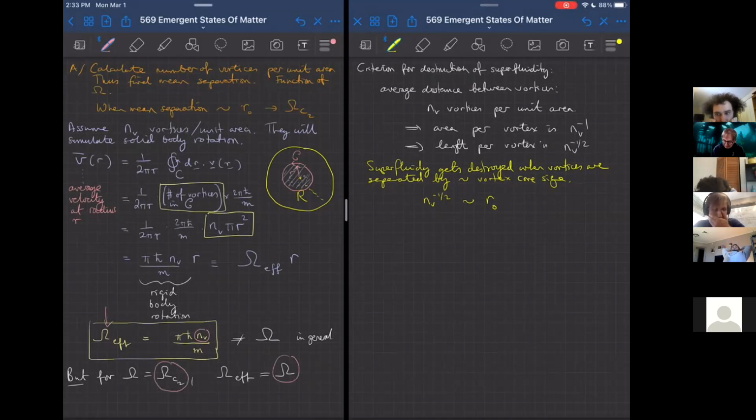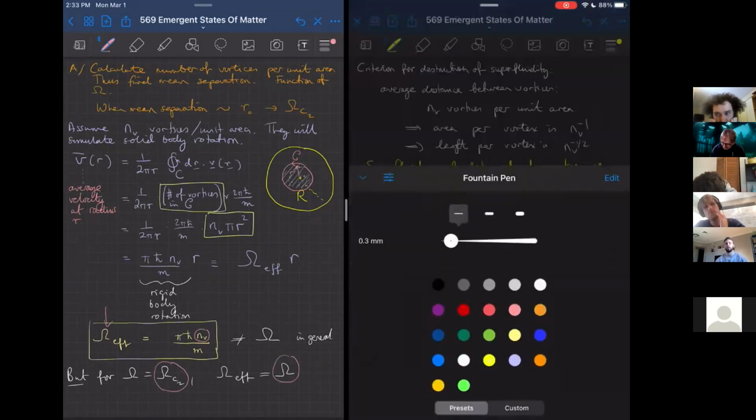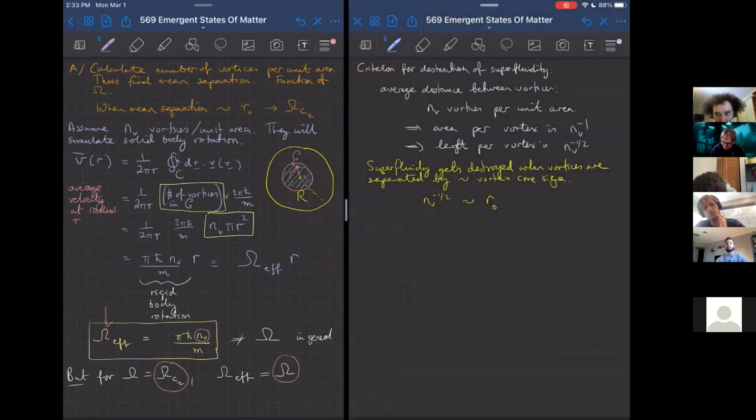So I can replace NV by a formula that involves the critical rotation rate. So let's just go ahead and do that. So what that says is then that pi h bar over m omega c2 to the 1/2, that thing is of order the core size.